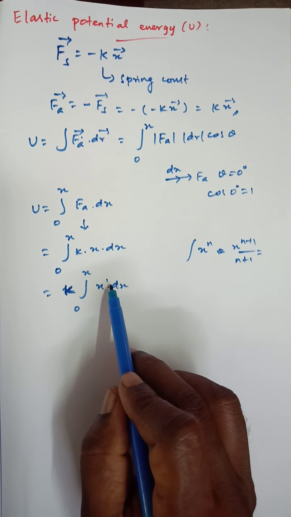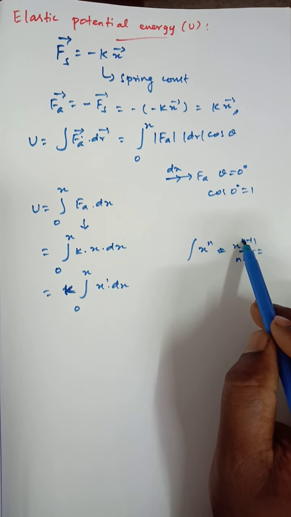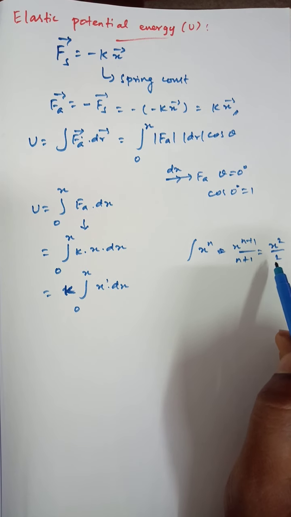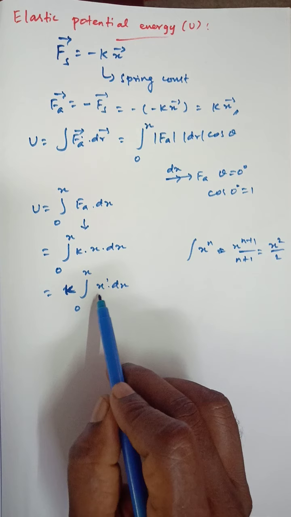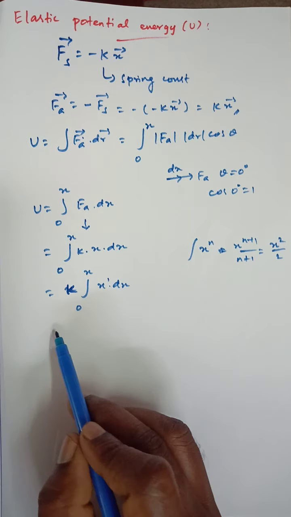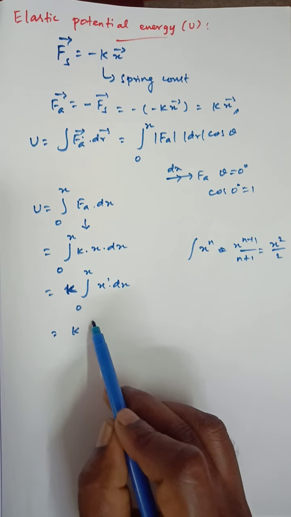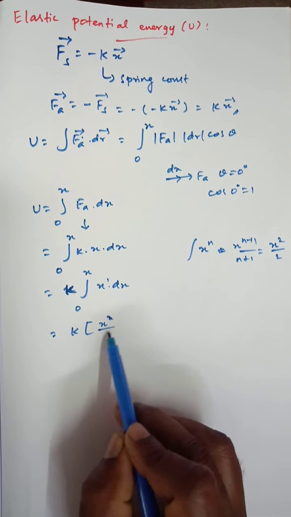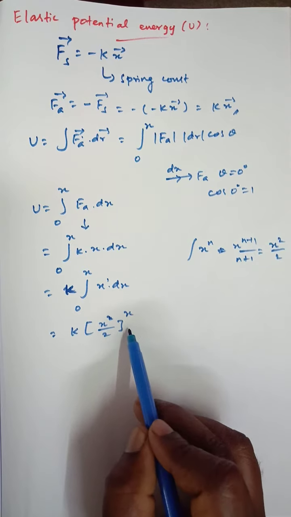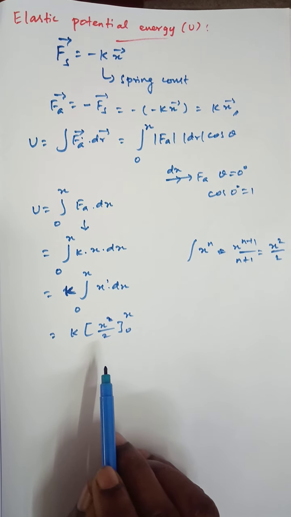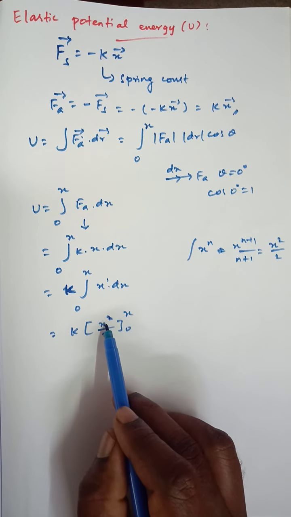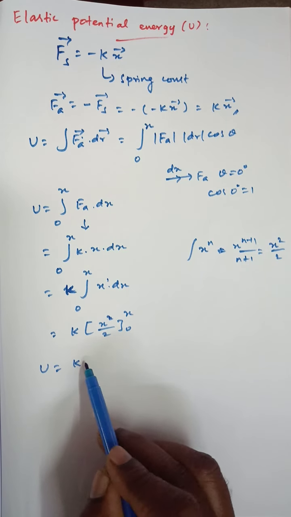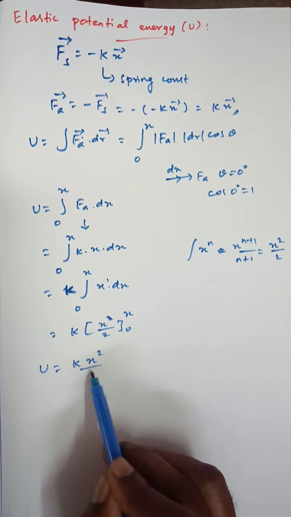If x equals x power 1, then n is 1, so 1 plus 1 is 2. So we write x power 2 by 2. So K into x power 2 by 2, with upper limit x and lower limit 0. Upper limit x gives x square, minus 0 for the lower limit. So we have U is equal to K into x square by 2.